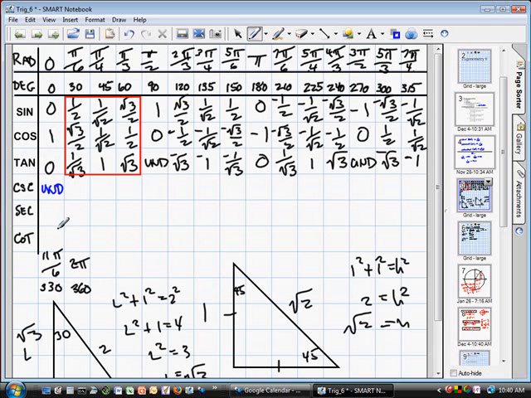I can take the reciprocal of 1/2. The reciprocal of this is square root of 2 over 1. 2 over the square root of 3. The reciprocal of 1 is 1. Let me know if you don't get what I'm doing.